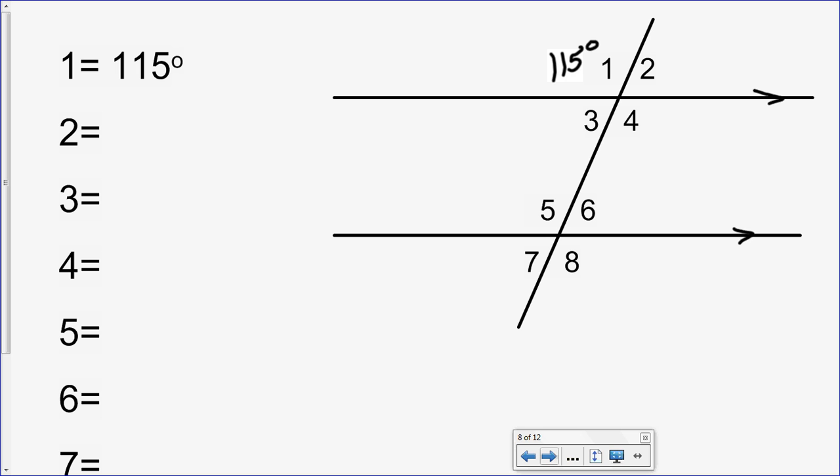So 1 is equal to 115 degrees. 4 is also equal to 115 degrees. Why is 4 also 115? They're vertical. You don't have to write this on your test, but it's good to know.